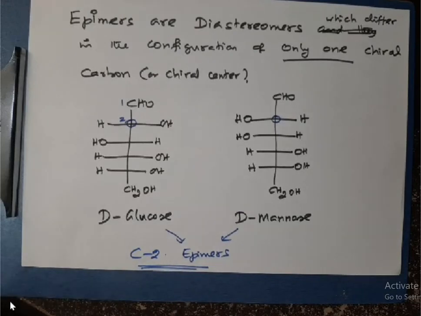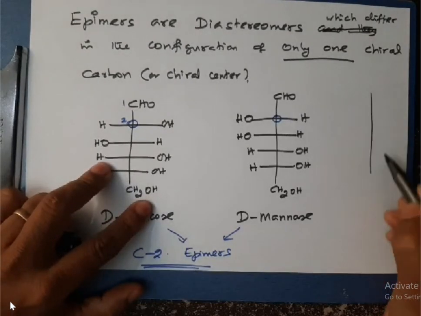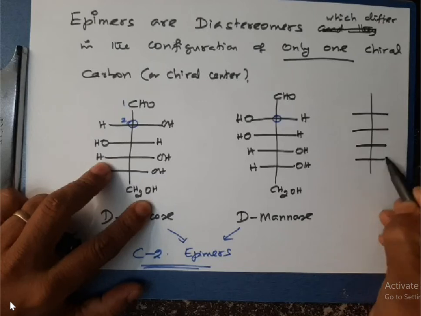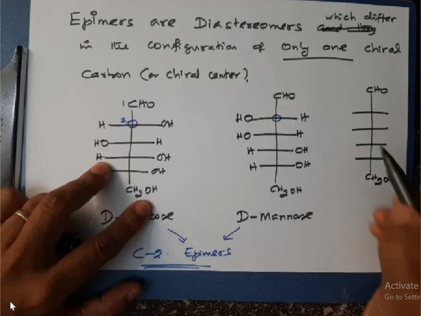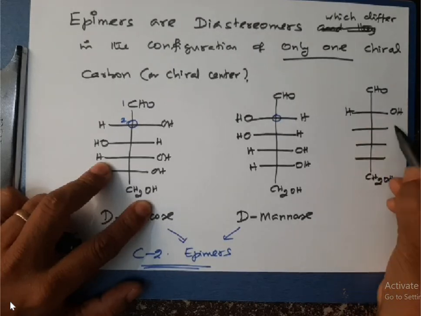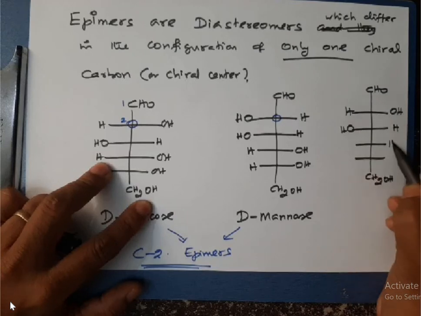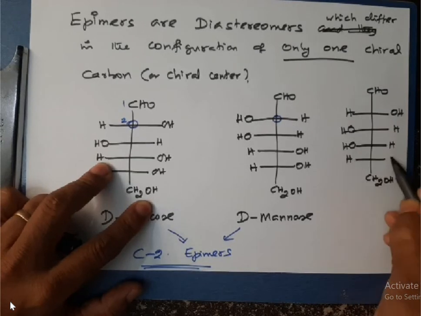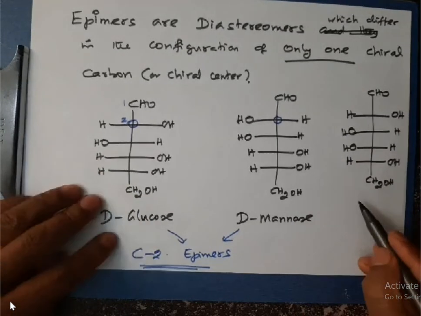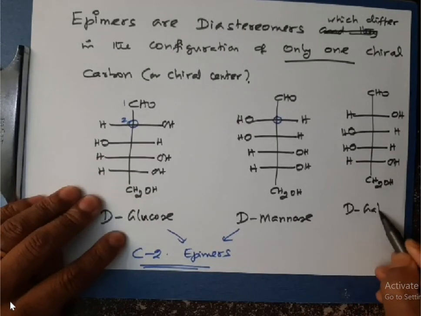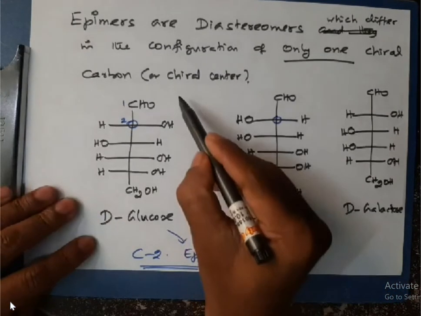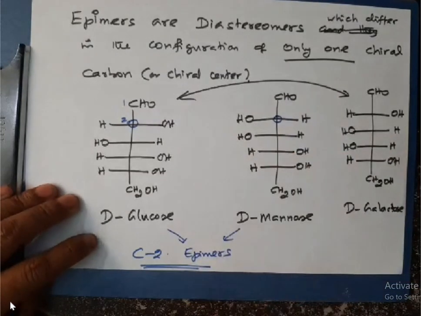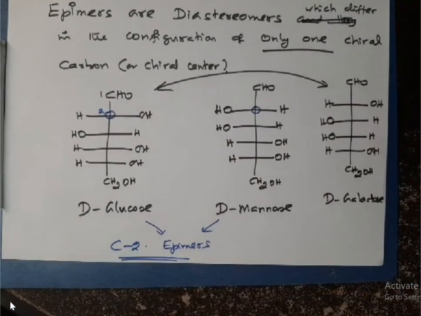Now, I'll give you another structure so that you will get a little more clarity here. So, let me give another compound. CHO, CH2OH, HOH, HOH, HOH, HOH. Now, this compound is called D-galactose. Okay, students, compare the structure of glucose and galactose.